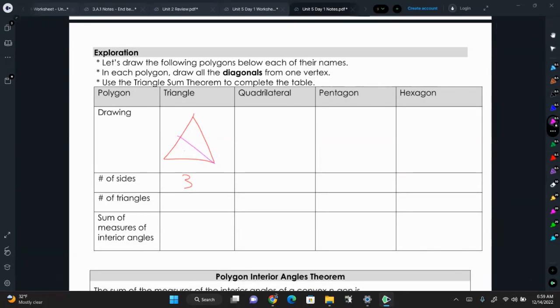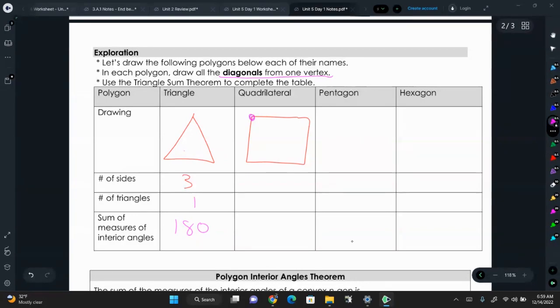I agree with that, but we're going to draw diagonals from one vertex. So there are no non-adjacent vertices in this triangle. So there's only one triangle, and we know that the sum of the measures of the interior angles is 180 degrees in a triangle.